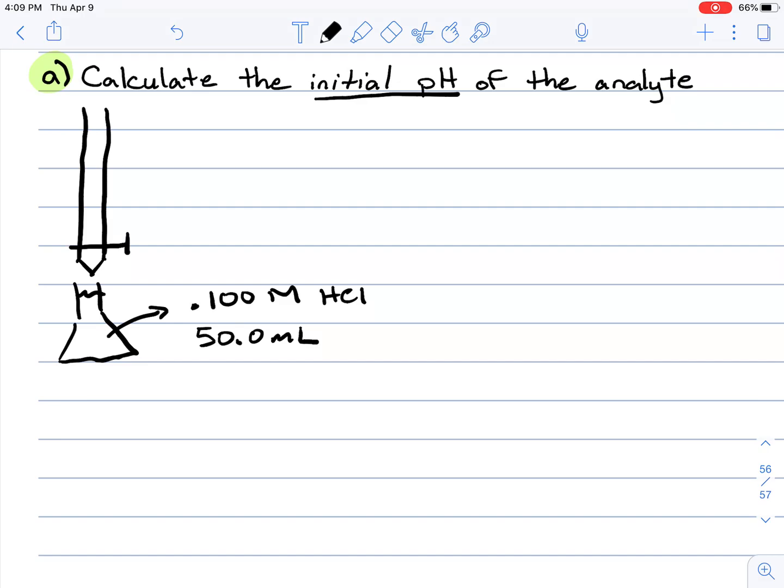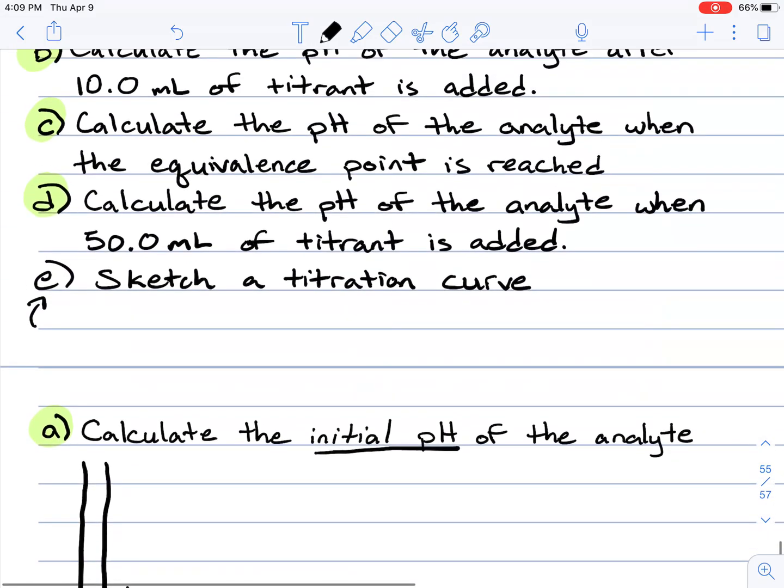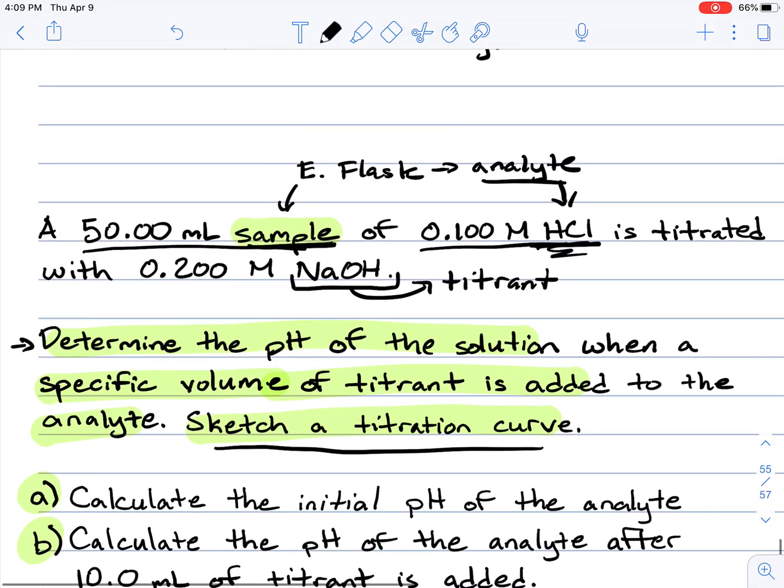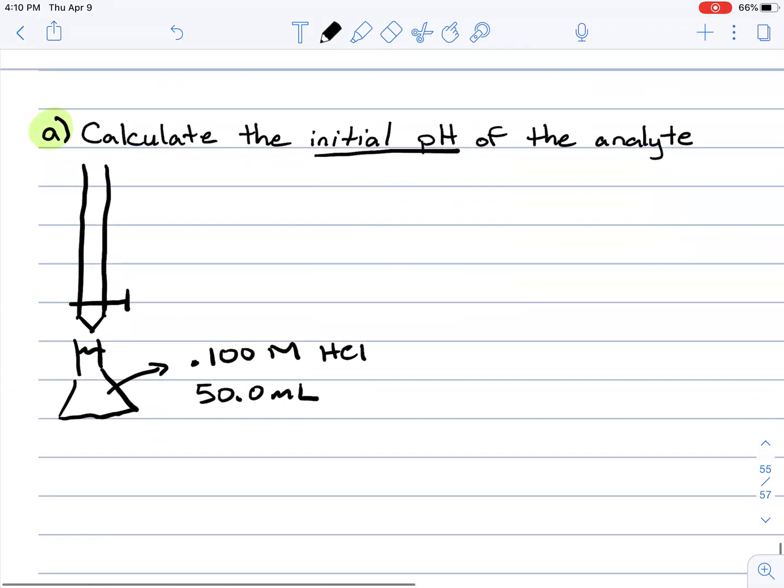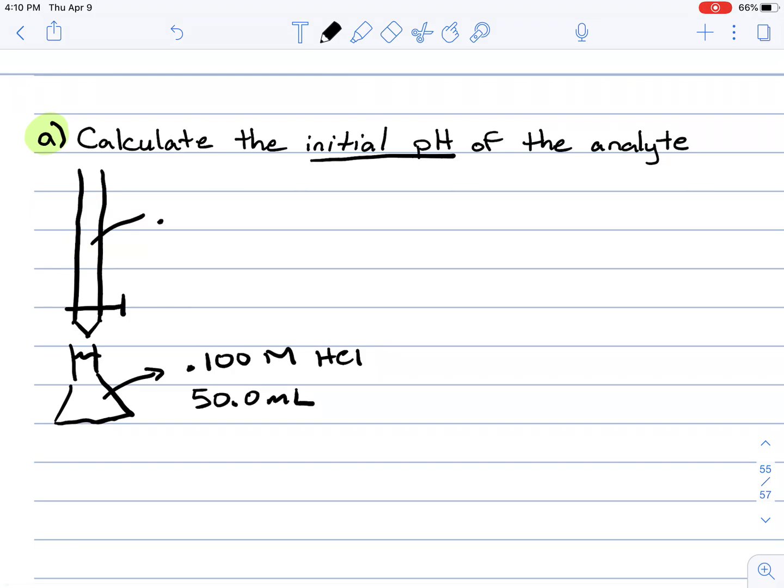So this is not a titration problem because we already know the concentration of our analyte. If I scroll up, here I have the concentration of the sodium hydroxide, which is our titrant. So I'm going to place 0.200 molar sodium hydroxide.